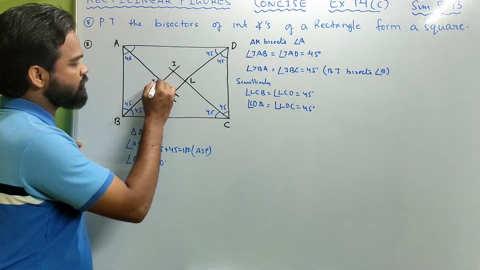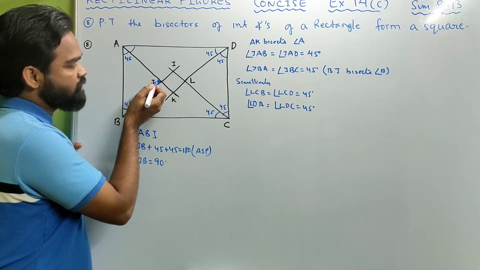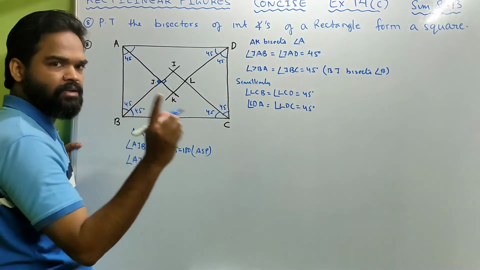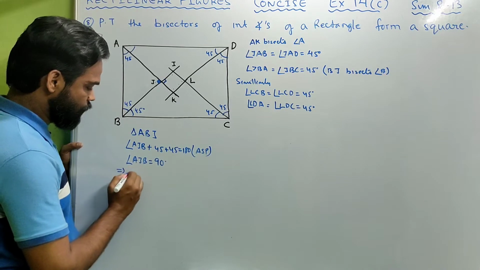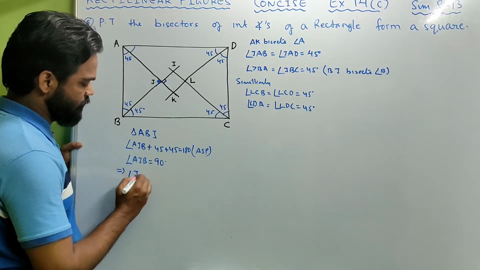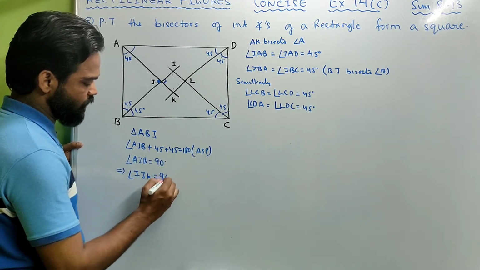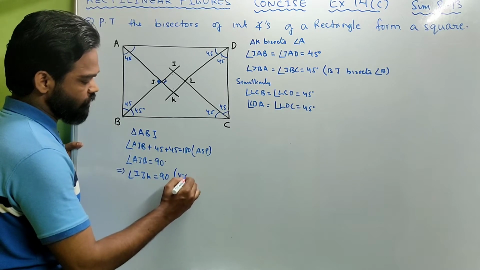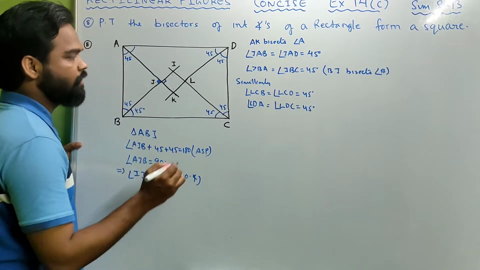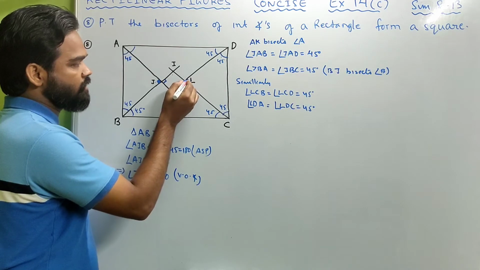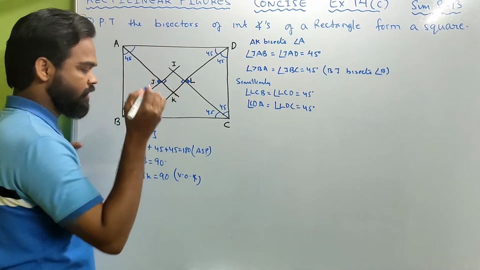So we got this as 90 degree. Now once this is 90 degree, this has to be 90 degree, vertically opposite angle, which implies IJK equals 90 degree. In the same fashion, we get this as 90, so this will be 90.